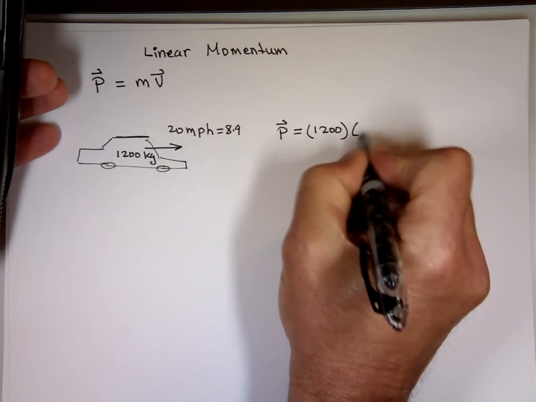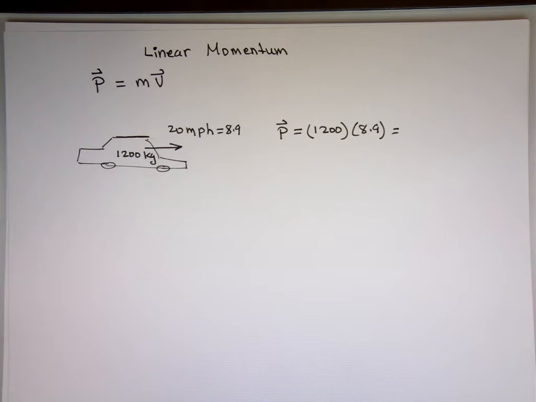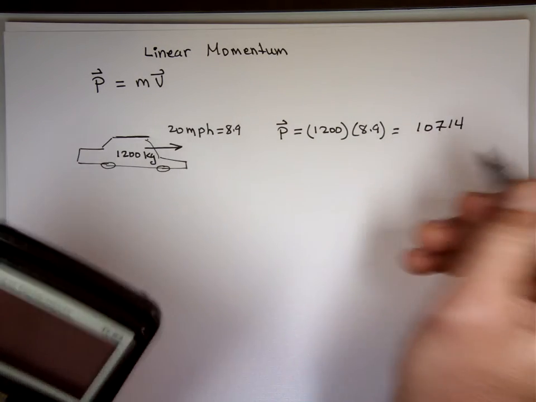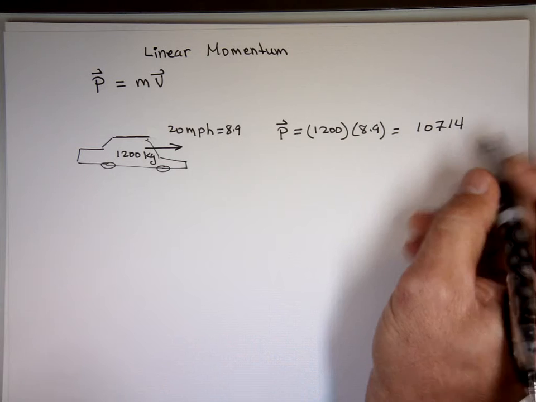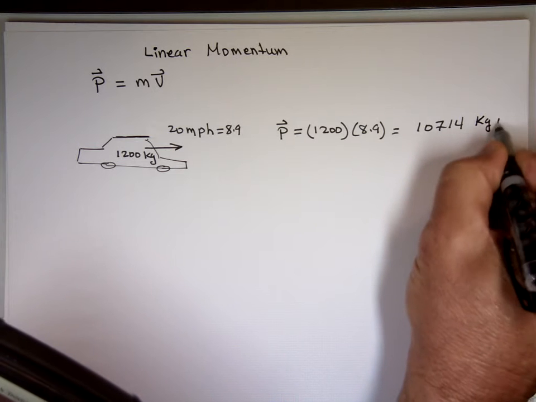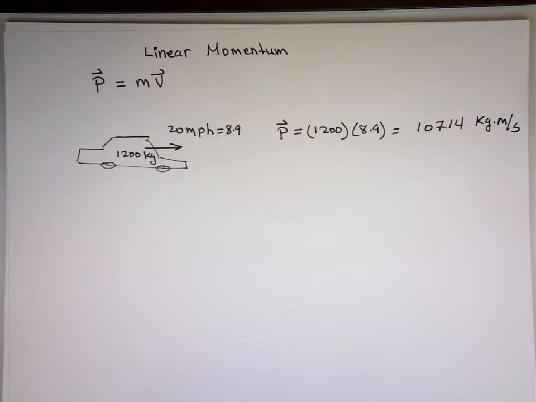So 1,200 times 8.9 meters per second, and the result is 10,714, so roughly 10,700. What's the unit for mass? Kilogram. And the unit for velocity? Meters per second. So kilogram times meters per second is the unit for linear momentum. That's how much moving power that car has.